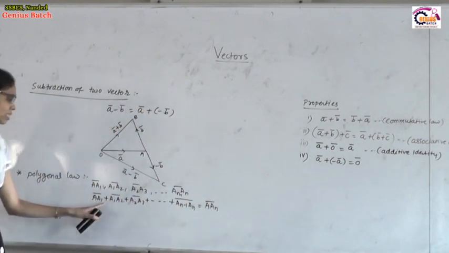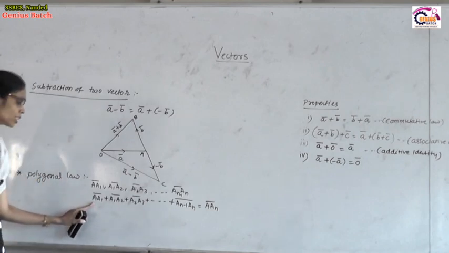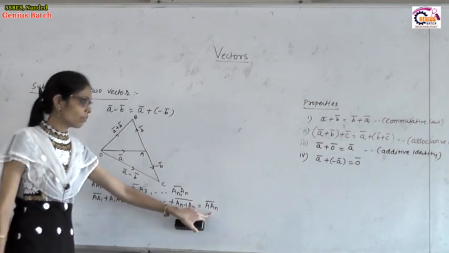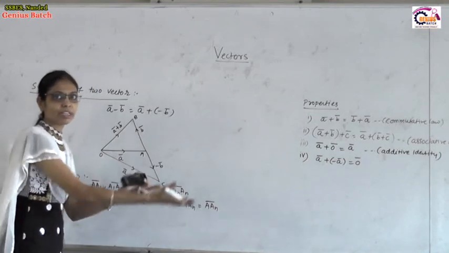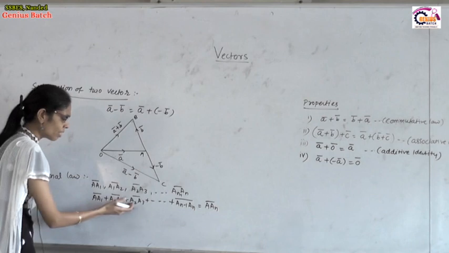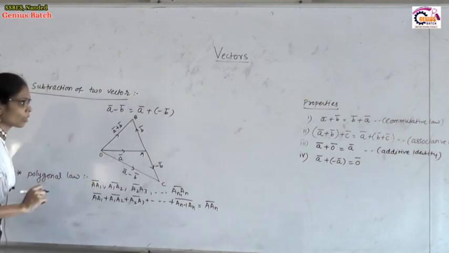Okay, so these vectors lie along a polygon. So the initial point of the first vector and the terminal point of the last vector will be the initial point and terminal point of the resultant vector. So here AA1, A1A2 represent a polygon.